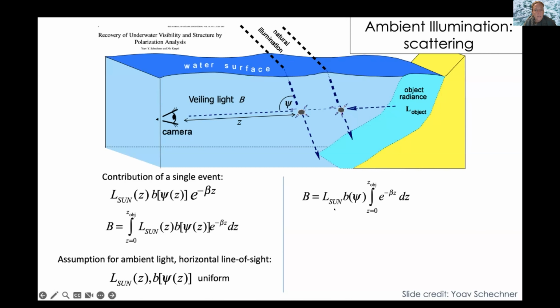So then I get this expression, and solving the integral, we have something that is supposed to be constant, multiplied by 1 minus the exponent, where z here is the distance of the object. Okay, so I don't expect you to understand everything in this 1 minute explanation.